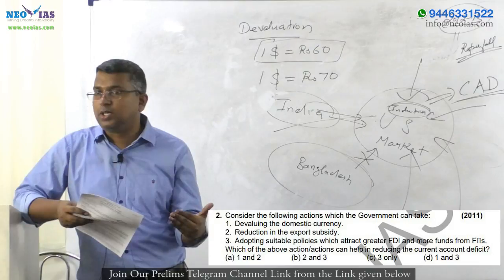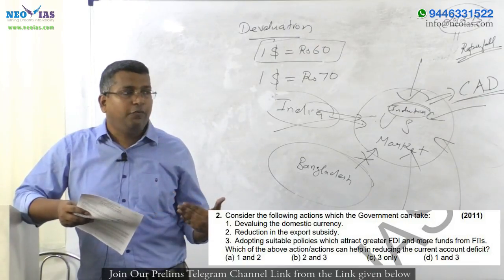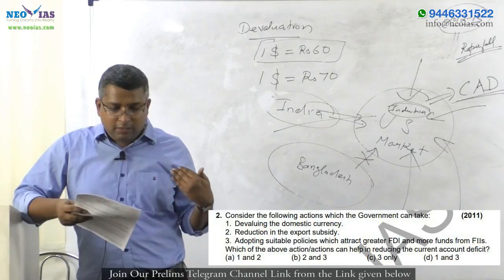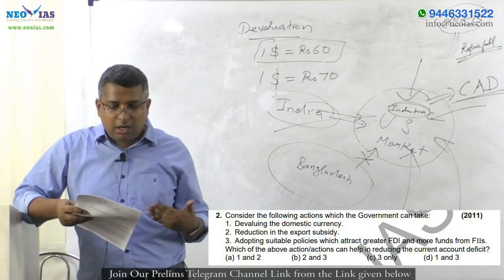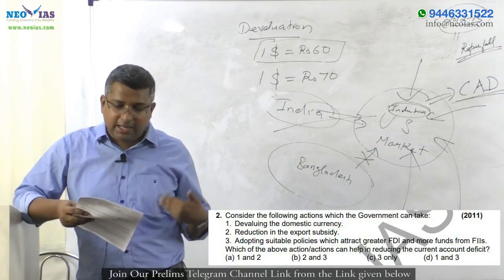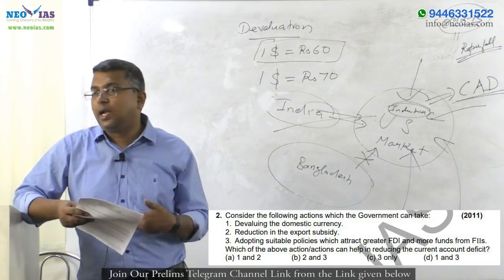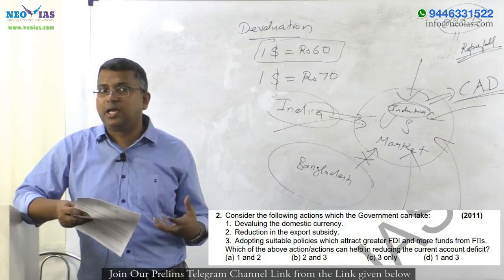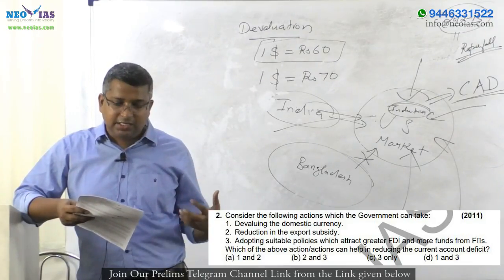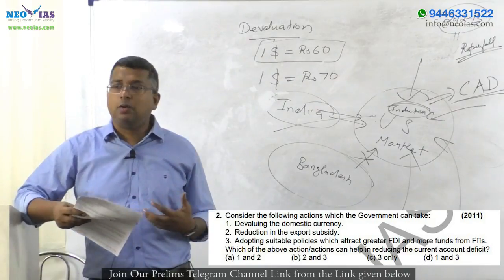So if there are three statements, we have to go for the elimination method. Now consider the following actions which the government can take, 1, 2, 3. Which of the above action or actions can help in reducing the current account deficit? So you know what current account deficit is. They are asking which actions help in reducing the current account deficit.